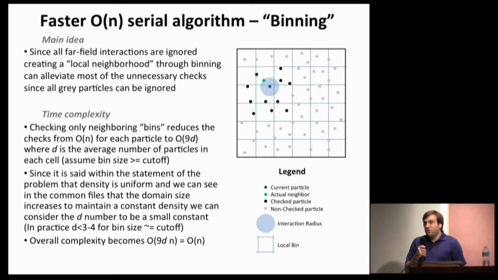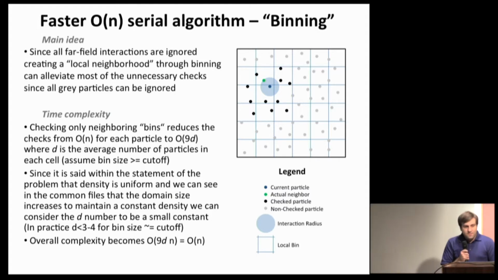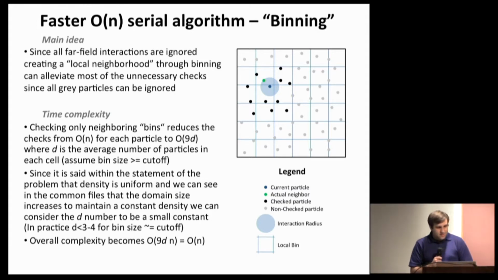And how large can d be? This depends on the size of the bins. If you choose the bins smartly, as a bulk cutoff, there aren't that many particles that can be inside one of those bins. And this is why you can get an order n algorithm without having to go through all of the complicated approaches of Barnes-Hut or fast multipole methods that are out there, which you'll hear about later in the semester.